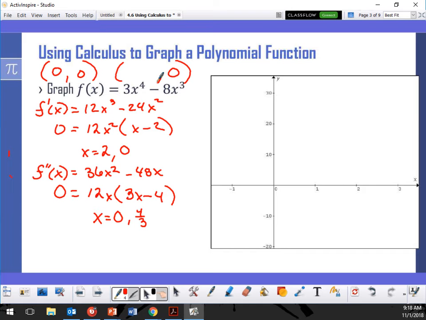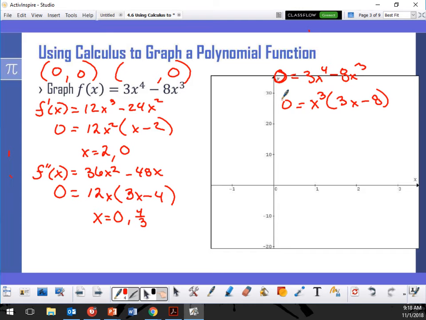what would I do for that? So that means I set it equal to 0, right? Yes. So it would look like this. I'll erase it here in a second. Bless you. All right, 0 equals 3x to the 4th minus 8x cubed. Factor, so it's going to be x cubed, and I have 3x minus 8 equals 0.